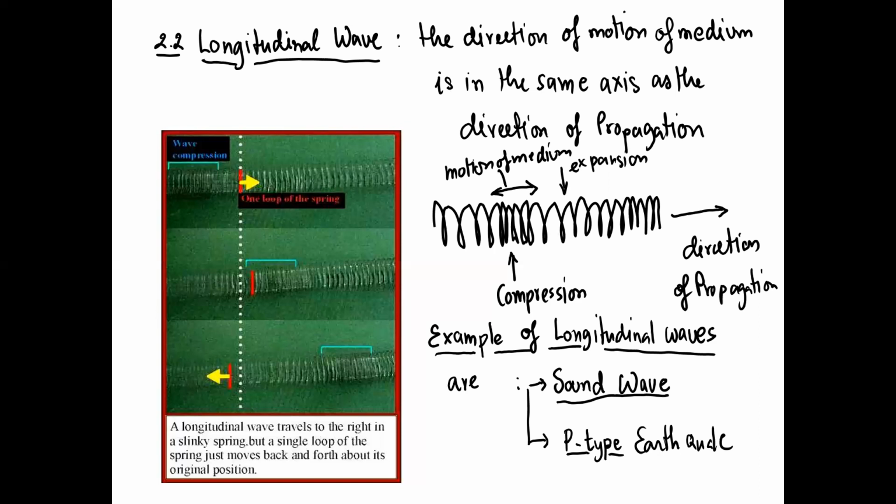So this is called a longitudinal wave. Examples of longitudinal waves are the sound wave and another seismic wave that is called the P-type. It is a seismic wave that is longitudinal.